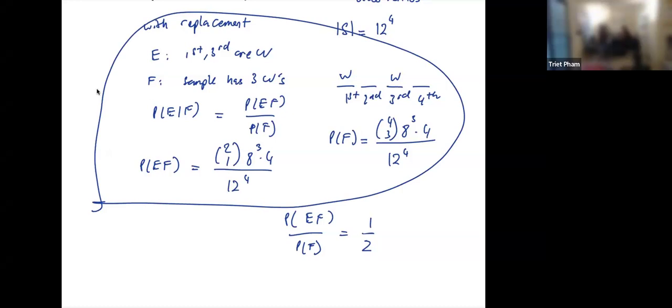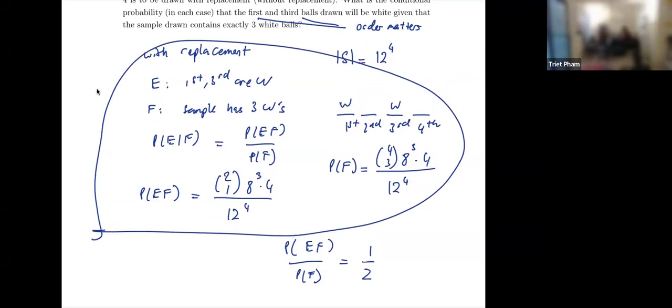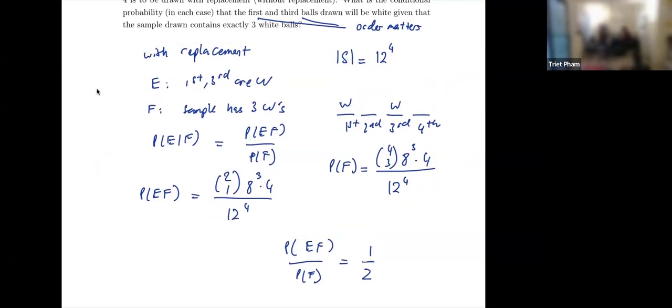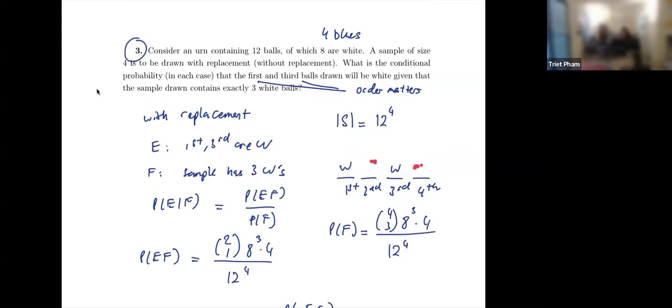All right, so here's the conditional thinking. Here's a picture. This is first white, third white. Sorry, the sample has 3 whites to begin with.